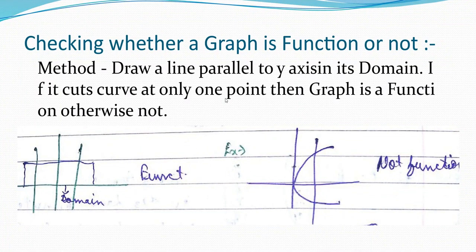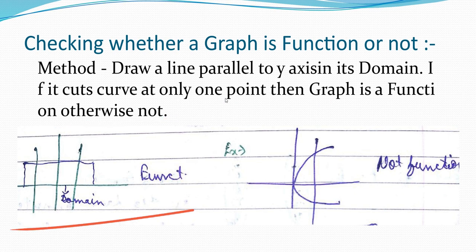Now if we are given a graph and we have to check whether the graph or the curve is a function or not, the method we apply is to draw a line parallel to the y-axis in its domain. If it cuts the curve at only one point, then the graph is a function, otherwise not.